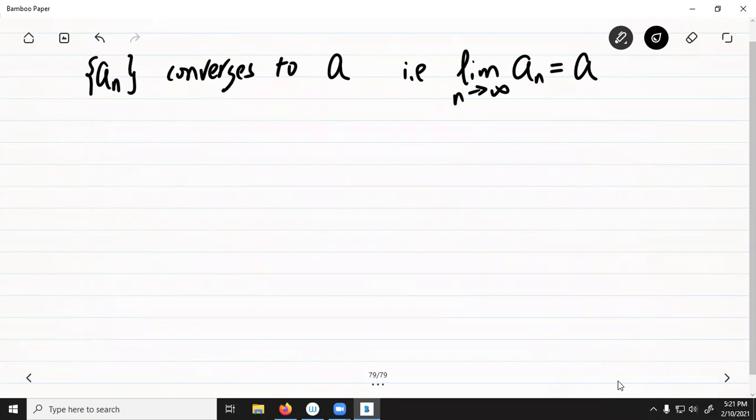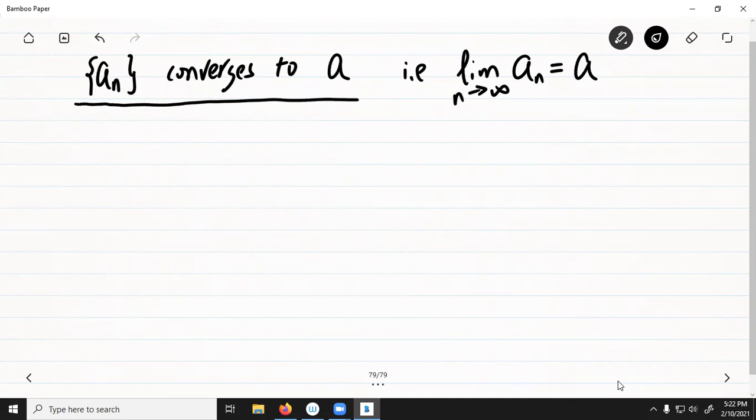But this statement is not precise. We want a precise definition for the statement: what is the meaning of the sequence a sub n converges to A?